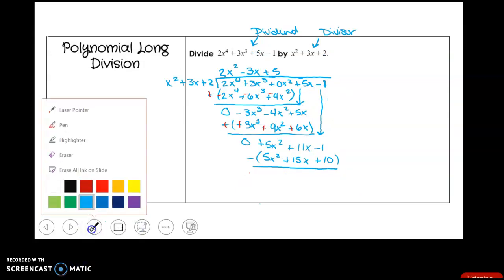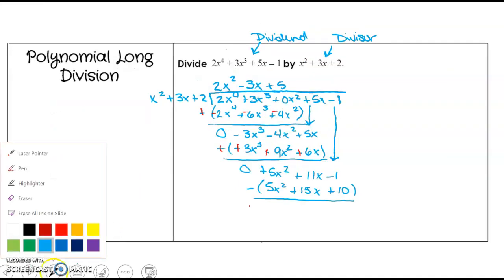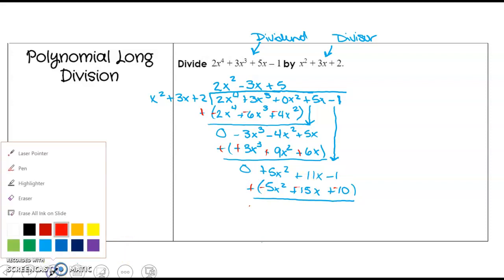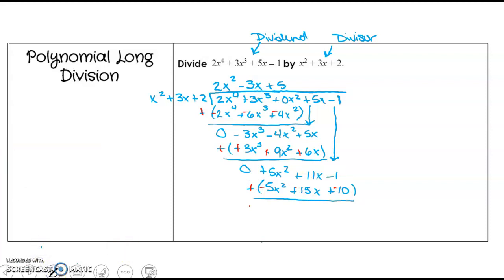So here I am distributing a negative, and so when I do that, each of these turns negative, and that turns to a positive, because I'm distributing that negative in. Okay, so now 5x squared plus negative 5x squared is going to give me 0. 11x minus 15x is going to give me negative 4x, and then I have negative 1 plus negative 10, so that's going to give me negative 11.